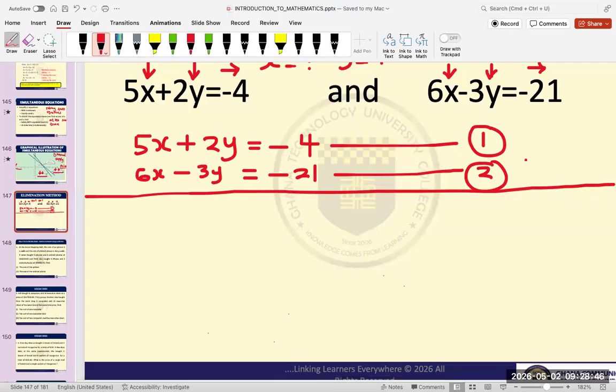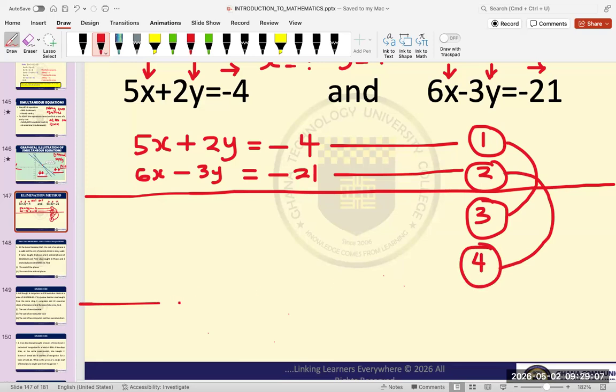Then the next thing we want to do is change equation 1 to become equation 3, and then change equation 2 to become equation 4. After that, we rule a line again.